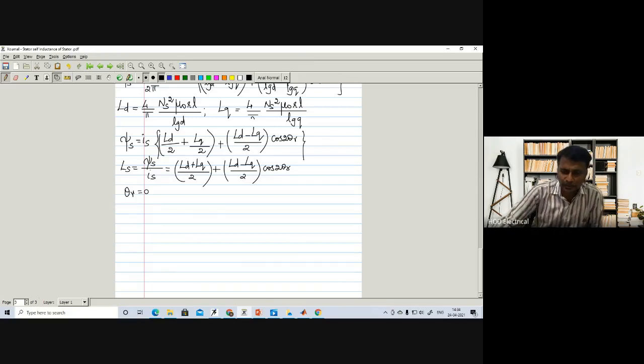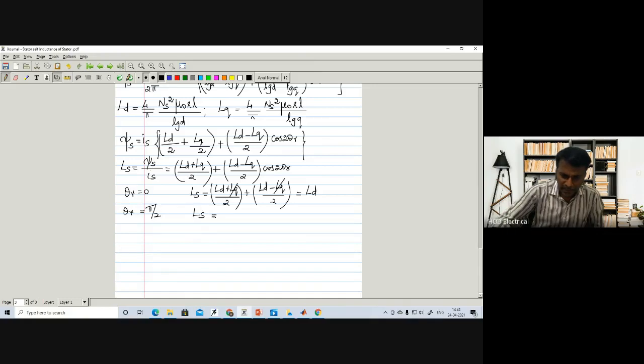If theta r equal to 0, automatically we have Ls is equal to LD plus LQ by 2 plus LD minus LQ by 2. Therefore, the LQ by 2 terms will cancel, and we will have LD. Similarly, if theta r equal to pi by 2, if you substitute here, we have Ls is equal to LQ.